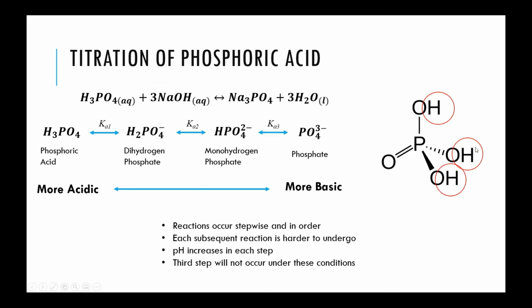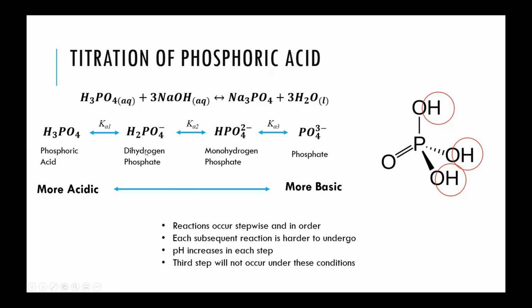However, these 3 protons do not break off all at once. Phosphoric acid is a weak acid. That means it does not ionize 100%. And it goes through a stepwise reduction of these H plus ions. So where you first have phosphoric acid, this is in equilibrium with the ion dihydrogen phosphate.